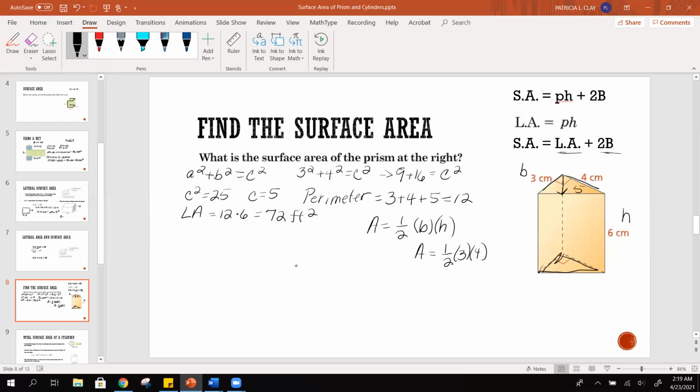So 3 times 4 is 12 divided by 2 is 6. Okay, so we have that. So now let's plug this into our equation. So we have 72 right here. And the formula says 2 times our base. So we'll have 72 plus 12, which is equal to 84 centimeters squared. Okay.